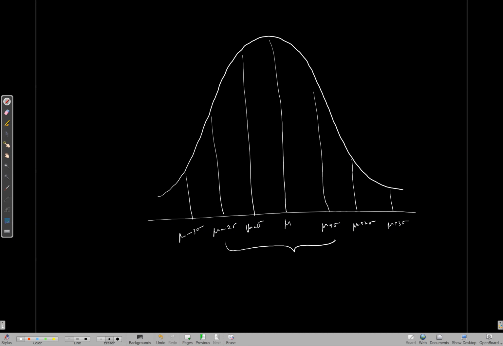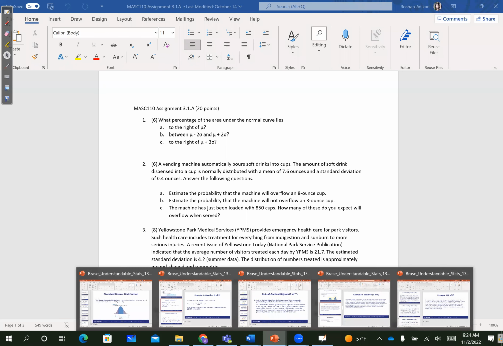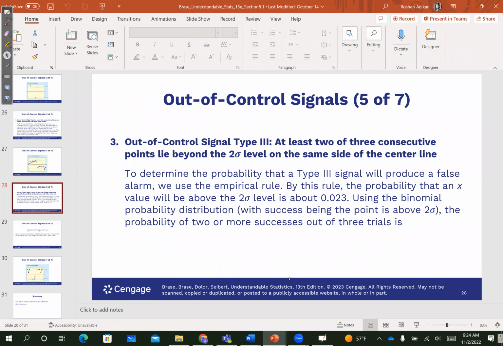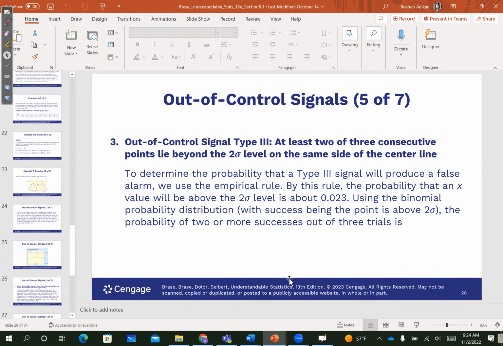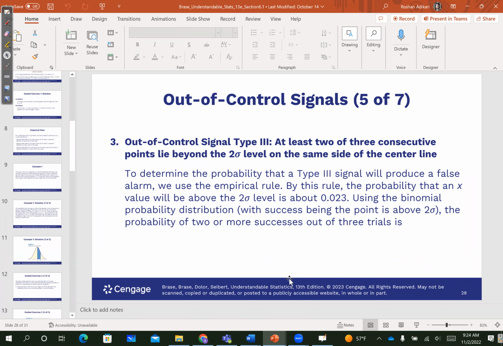So between mu minus sigma and this, and then between this, and then between this, like that. That question is asking you about that. Now in your slides, I think that's in slide number 6.1.